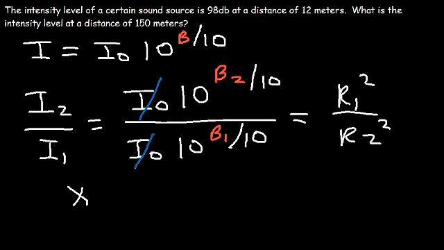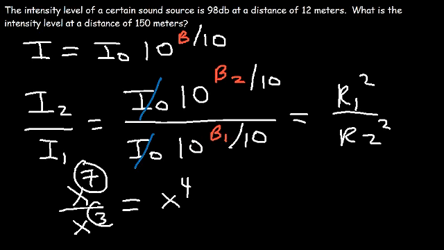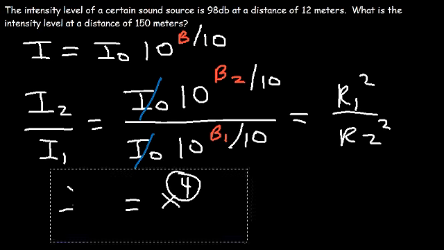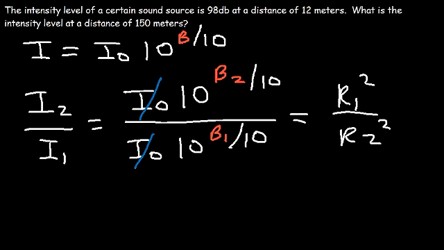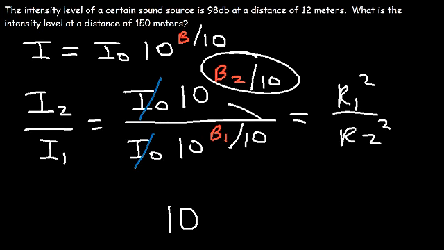Now what is x to the 7th power divided by x to the 3rd power? In algebra, you've learned that it's x to the 4th power. It's 7 minus 3 is equal to 4. So knowing that, what is 10 raised to b2 over 10 divided by 10 raised to the b1 over 10? So this is going to be 10, and we're going to take the top exponent and subtract it by the lower one, or the one on the bottom.